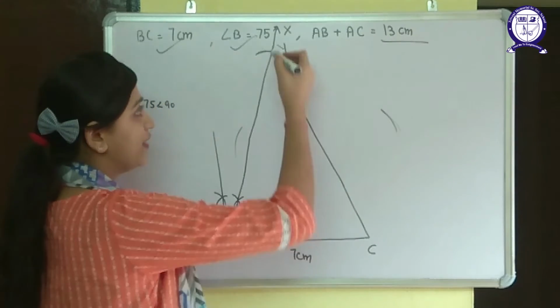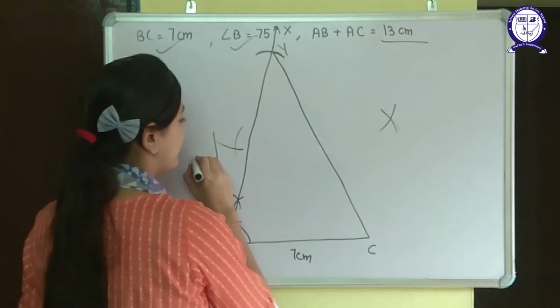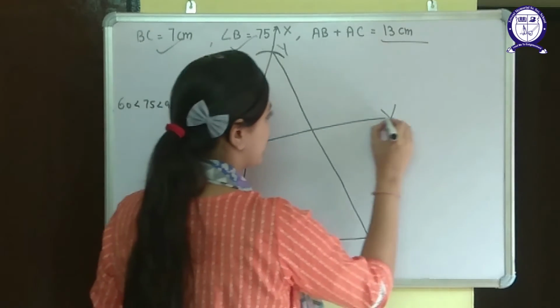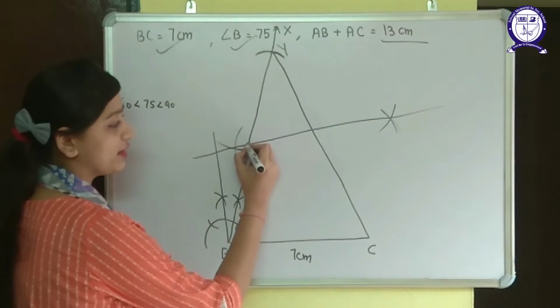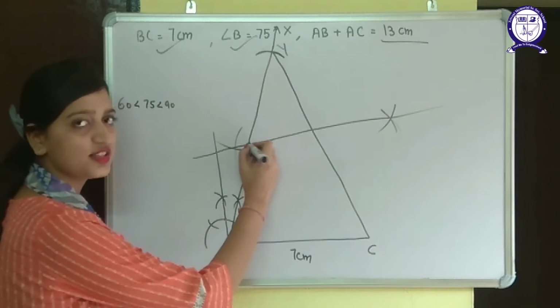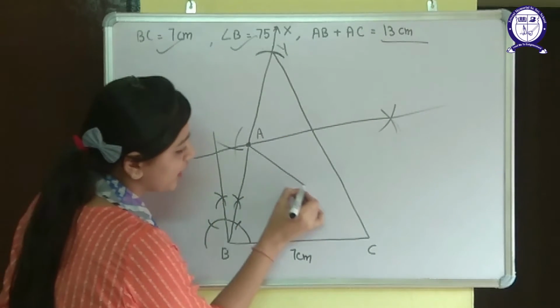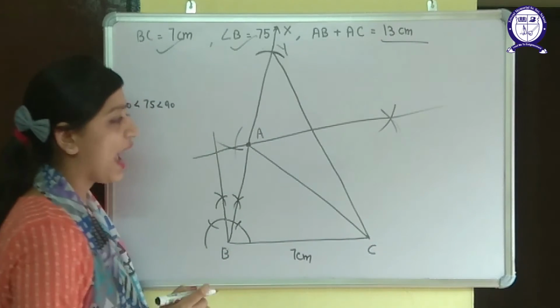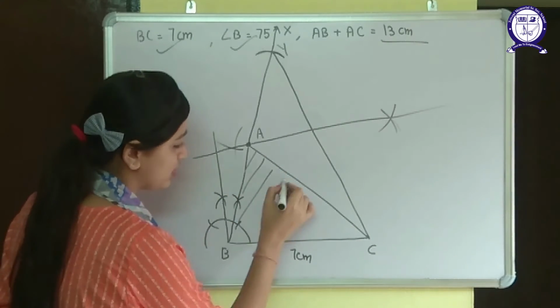Then from this point, make two arcs, cutting the previous arcs, and then join. Now the point where this bisector cuts this line is my A, and then we will join AC. And that will be my required triangle. This you will shade.